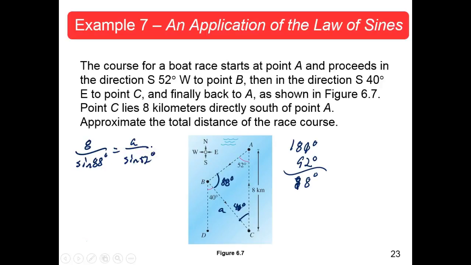There it is. Now, how I like to do it, the book does it slightly differently, but how I like to do it is pick the one you know that you don't know, and do that cross product. A times the sine of 88 degrees is equal to the product you do know, 8 times the sine of 52 degrees, and then divide both sides by the sine of 88 degrees.